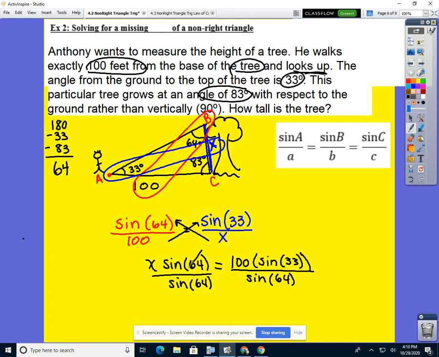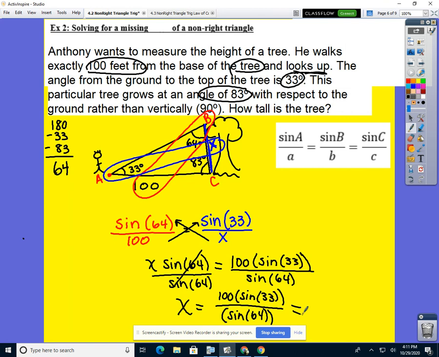So, my answer, and again, remember, I like to wait until the end to go into my calculator. X is going to equal 100 times sine of 33 over, I'll put it in parentheses, sine of 64. Your parentheses are really helpful when you're working with groups.